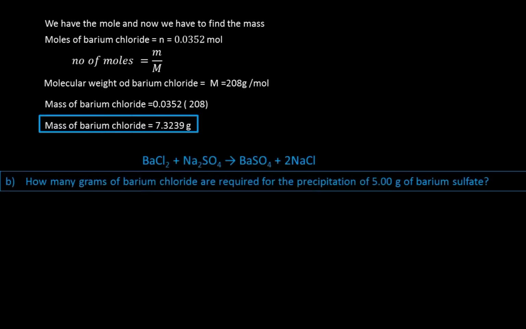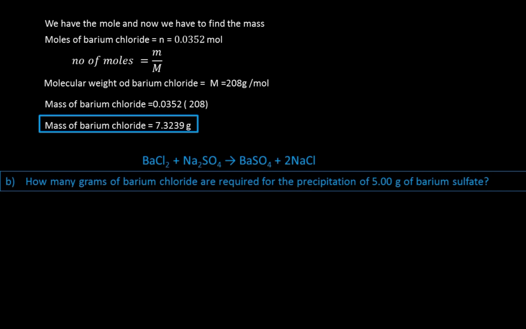Here we have part B of the same question, and we are asked how many grams of barium chloride are required for the precipitation of 5 gram of barium sulfate. Now note that we have the quantity of barium sulfate, and we can easily observe that this is the product.